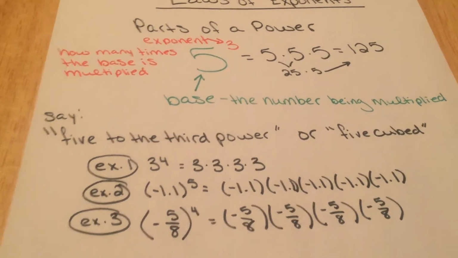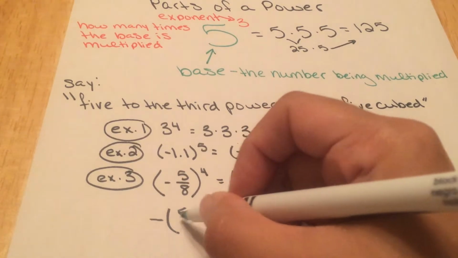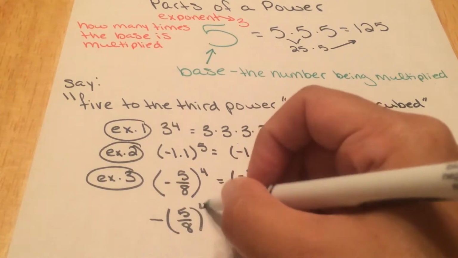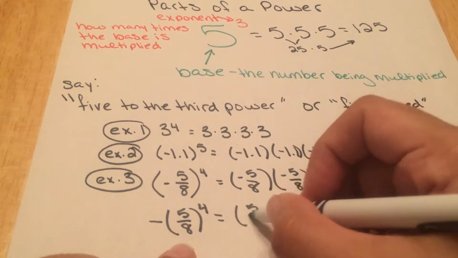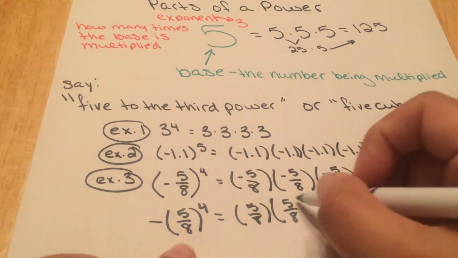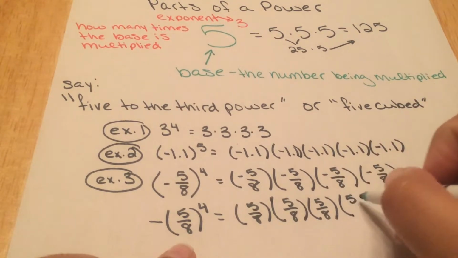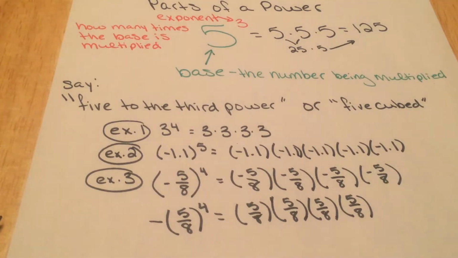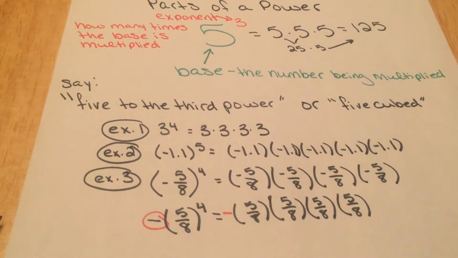This is going to be different than -5/8 to the fourth, without the parentheses. What this means is I'm going to multiply 5/8 times 5/8 times 5/8 times 5/8, and then at the very end I'm going to bring in that negative and multiply whatever that product is by a negative.